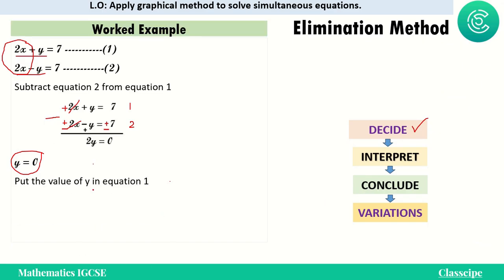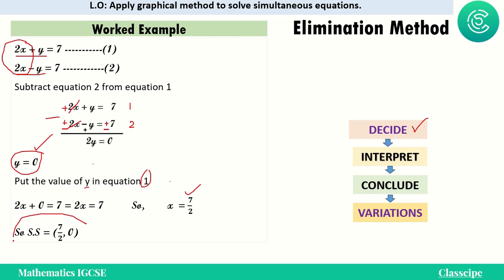Okay, put the value of y, which is 0, in equation 1. Now this is our equation 1, okay. 2x plus 0 equals 7, which means that 0 means nothing, 2x equals 7, so x is equal to 7 over 2. What is our solution set? y is 0, and x is 7 over 2.